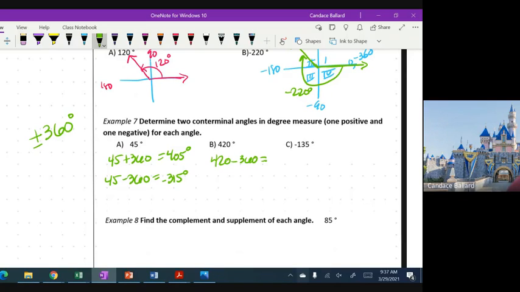And let's see, I get 60. So technically that could be my positive angle, even though the other one, when I added 360, is also a correct answer. There's lots of correct answers. In order to get my next one, I'm going to have to subtract again. So that's going to give me negative 300 degrees.